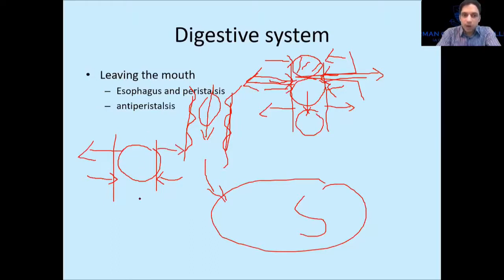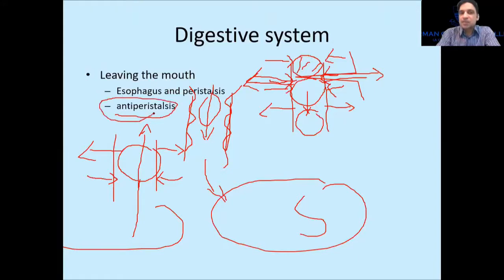Instead of moving down, the bolus will move in the upward direction. So whatever is present in the stomach will be thrown out of the body. Such a movement is called anti-peristalsis movement, and that results in vomiting, and this is called vomiting.